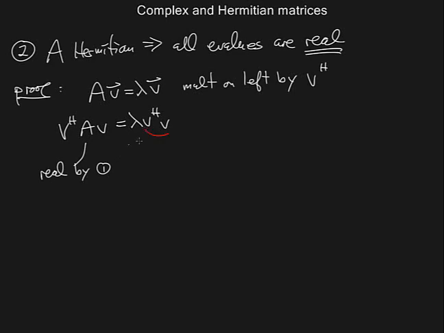And notice V^H V, of course, is the length of V squared, and that's real. So everything in this equation is real, except for possibly lambda, and that forces lambda to be real. That's a very simple fact once you have number 1.